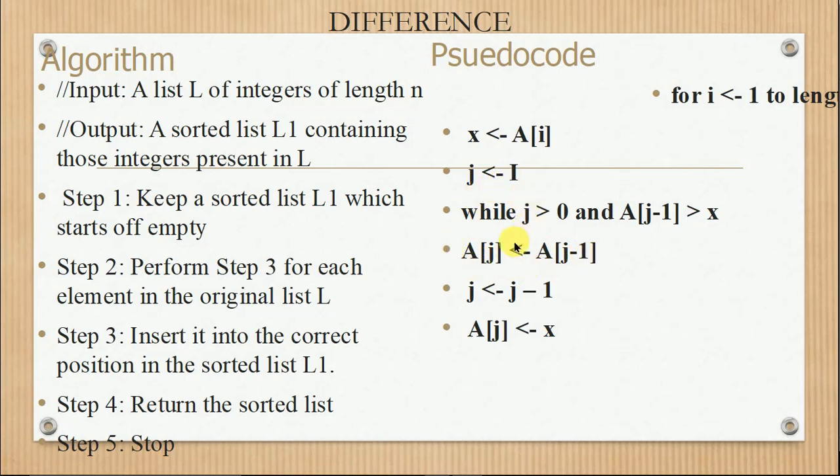Once one of the conditions becomes false, it comes out of the loop, and it will decrement the jth index and repeat. Once x finds its exact position, you assign that value to the jth position where the location is empty.